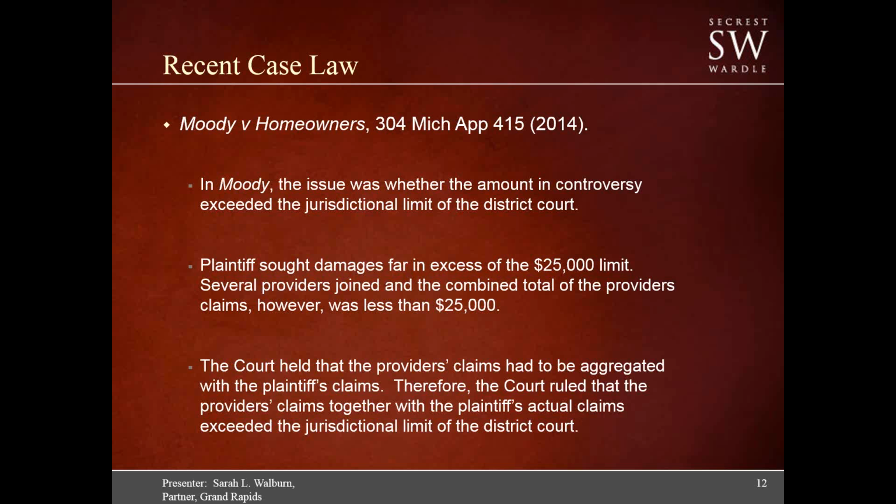Now, if these are filed in different circuits, so the district court provider suit is filed in Oakland County, but the PIP suit is filed in Wayne County, we can't force that intervention there. We just have to seek voluntary intervention or continue litigating in separate courts.